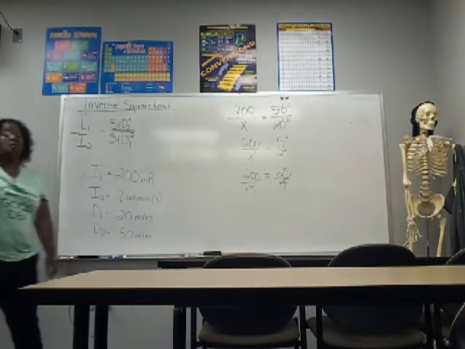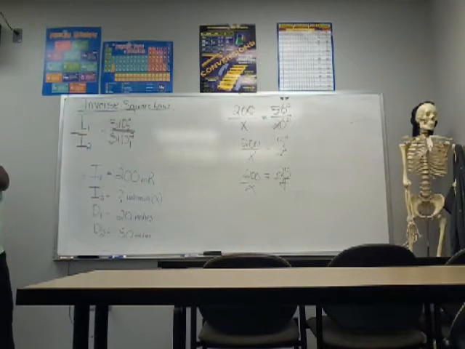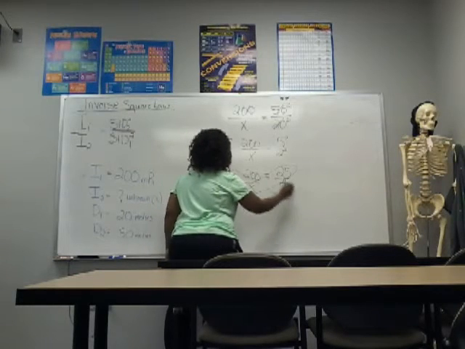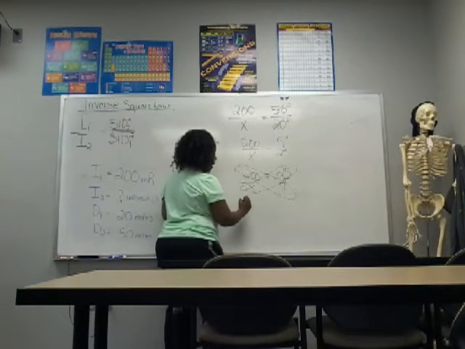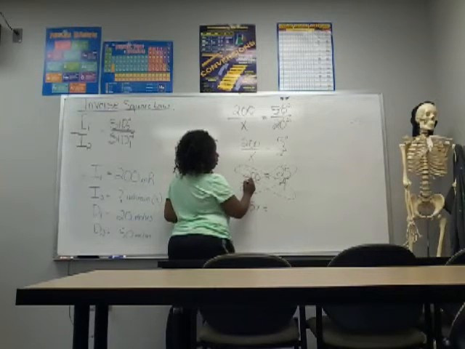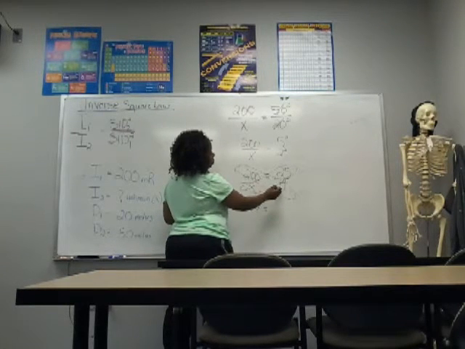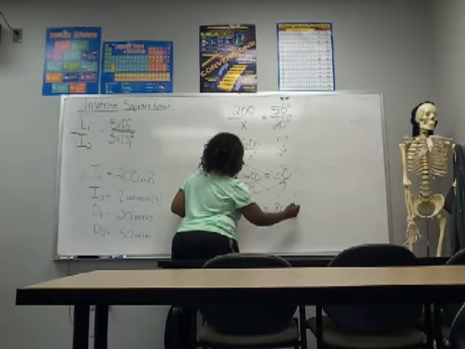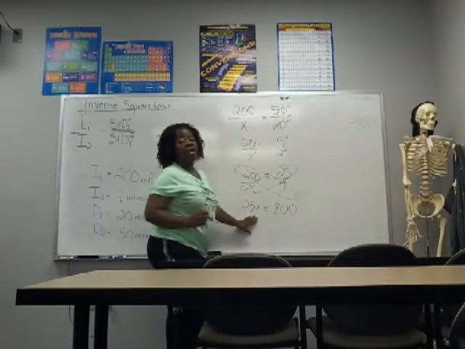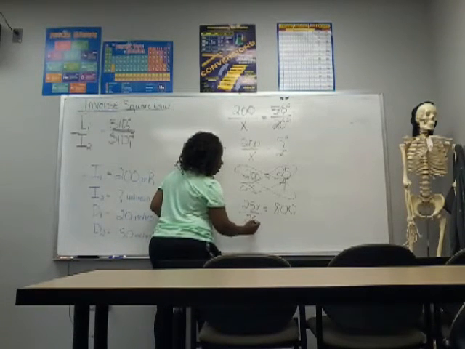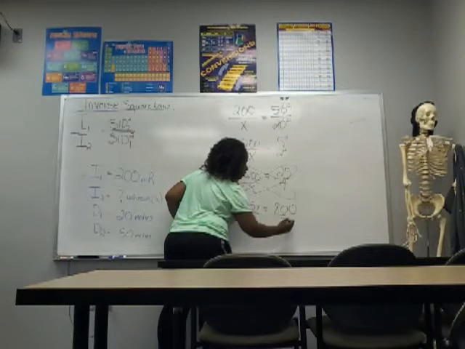Now, this problem looks like a ratio problem, and that ratio is simply cross multiplying. 25x equals 2 times the 4 equals 800. We still have to get x by itself, so I divide by 25, and I have to do the same thing on the other side, 25.